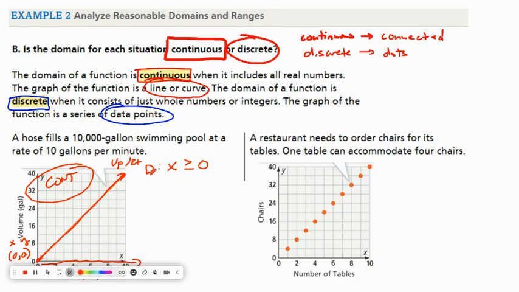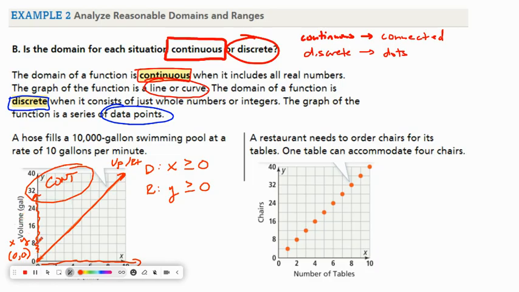The range in this case is the y values. Again, we're starting with the y value of 0, and we're also going up. And because of that arrow, we're going up without bound. So we say y is going to be greater than or equal to 0 as well. And again, volume is a measurement. It is continuous.